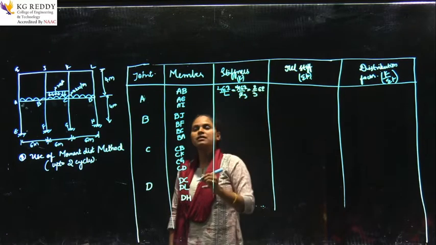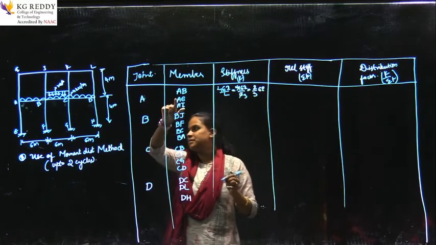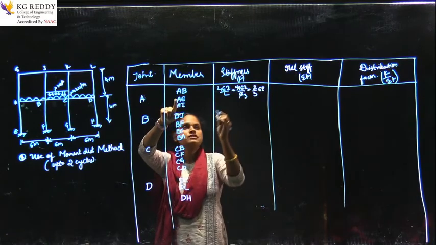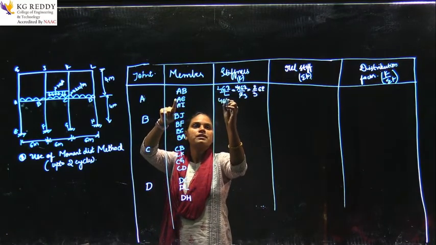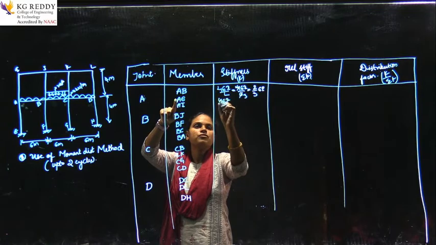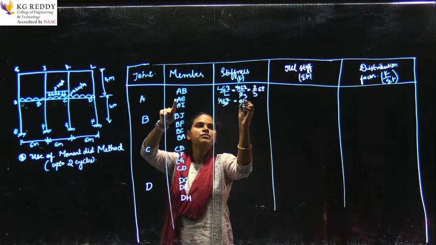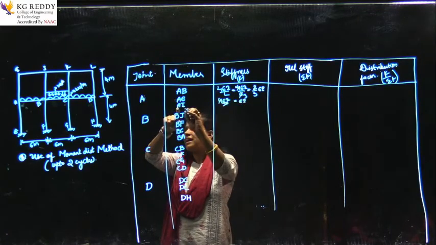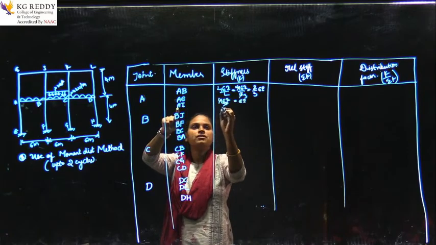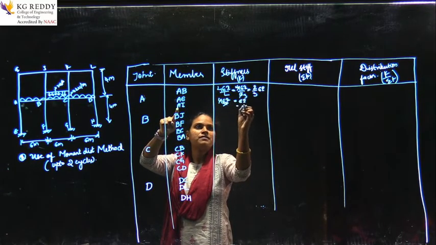Similarly, for AE, the length is 4 meters. So 4EI by 4, the 4 gets cancelled, and it will be equal to EI. Next for AI, we will have the length of 4 meters again. So 4EI by 4, it will be EI only.